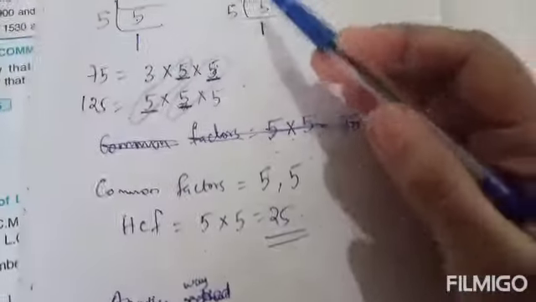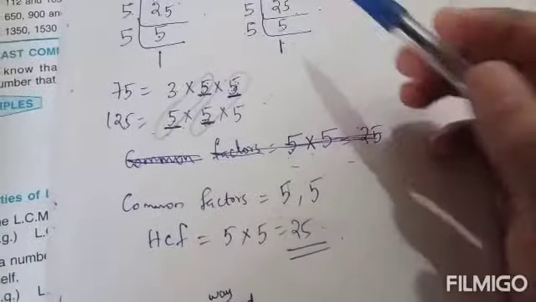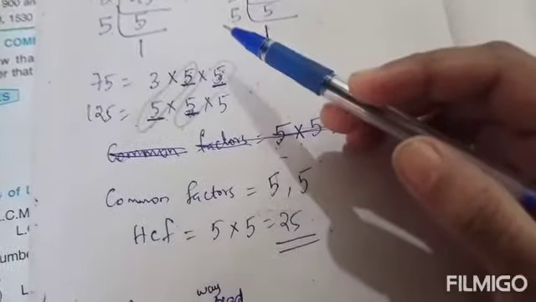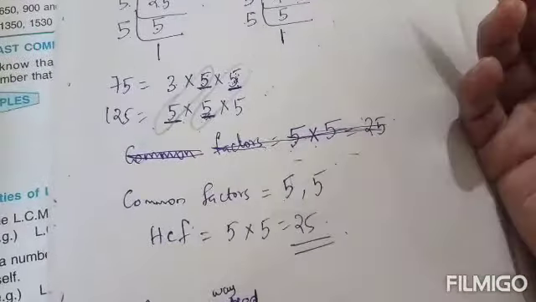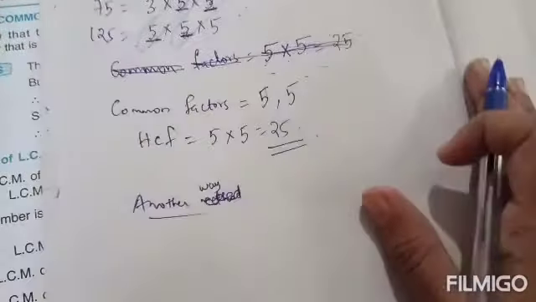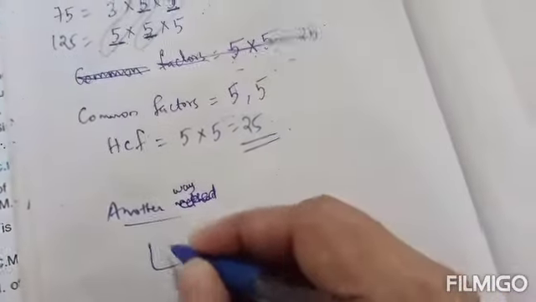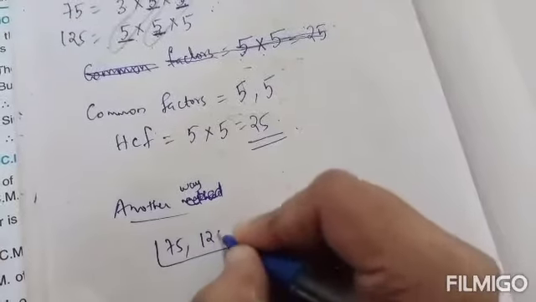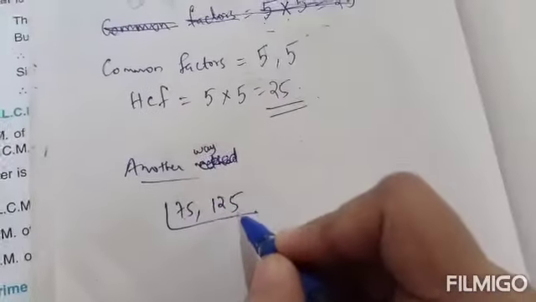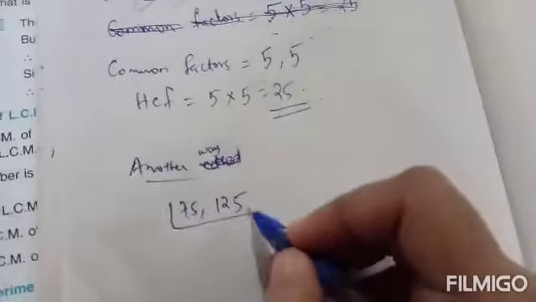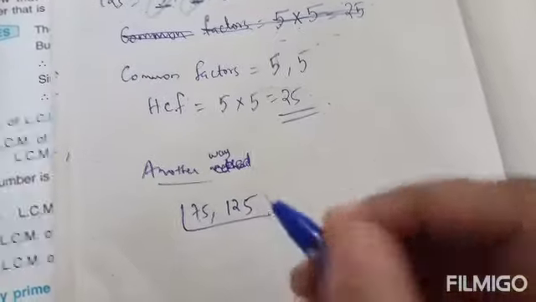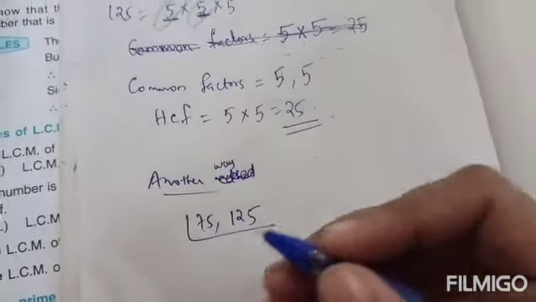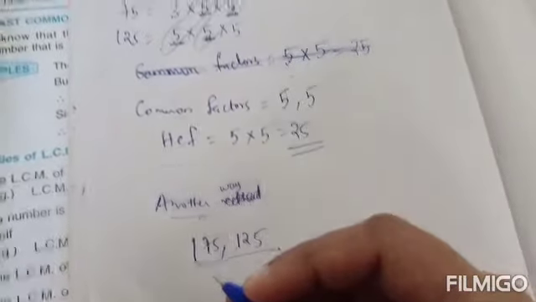Now you can do the prime factor method in another way also. That is, doing the prime factorization of 75 and 125 together. Okay, so in one step you can find the prime factorization. In the first method we did it separately.